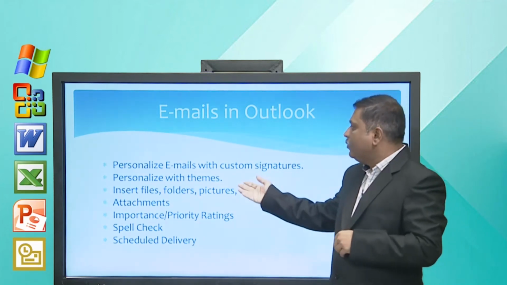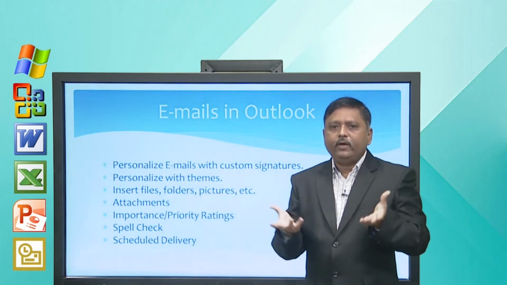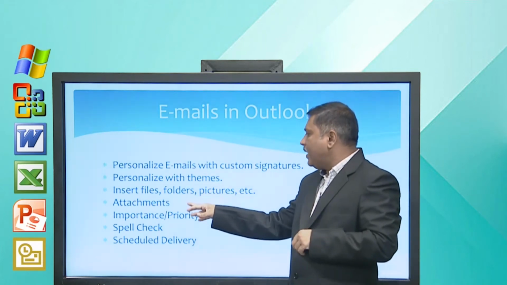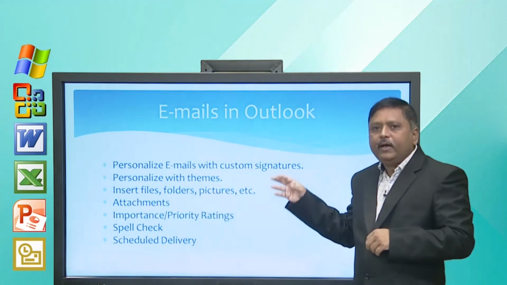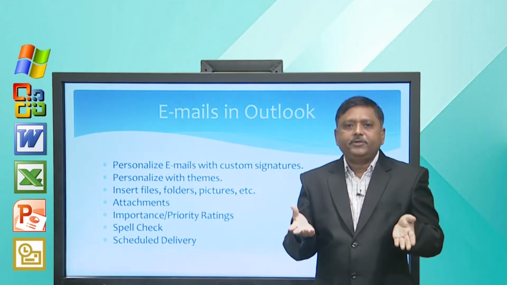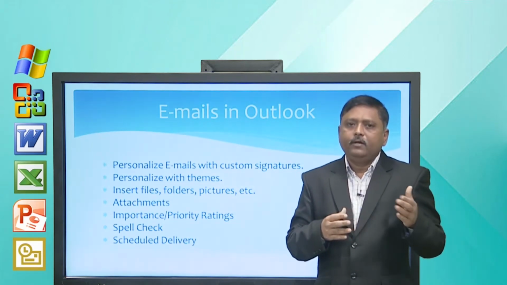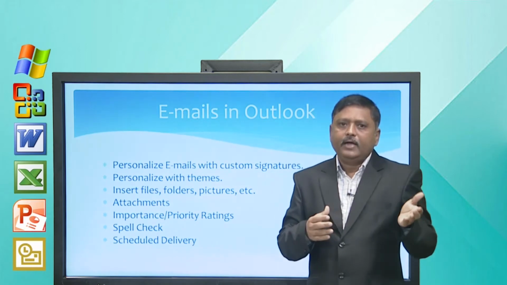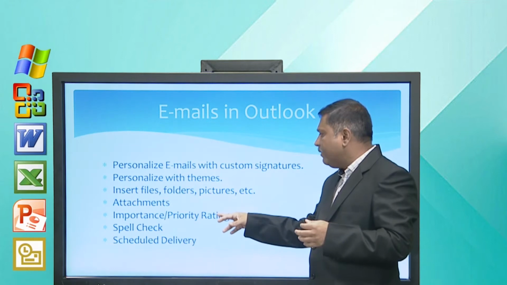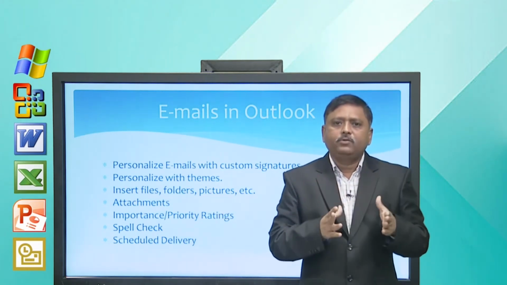Then you can personalize with themes, that means your look and feel can be personalized. Then you can insert a file, folder, picture, etc. with your email, right. So, we can have attachments. In an attachment you can send any kind of file with your email as a supporting document. Then we can have importance or priority ratings, so that you can filter based on importance or priority.